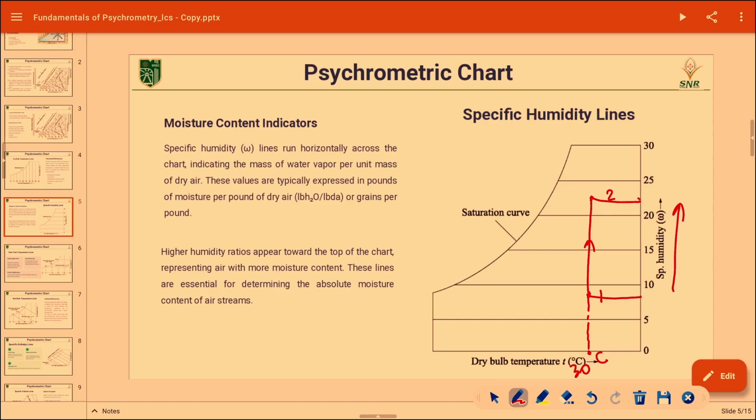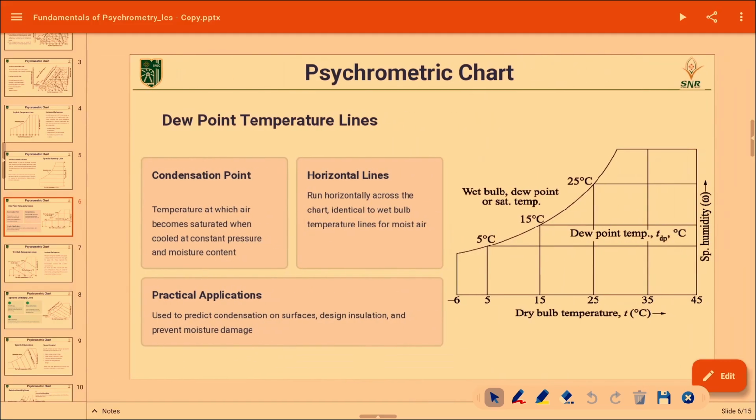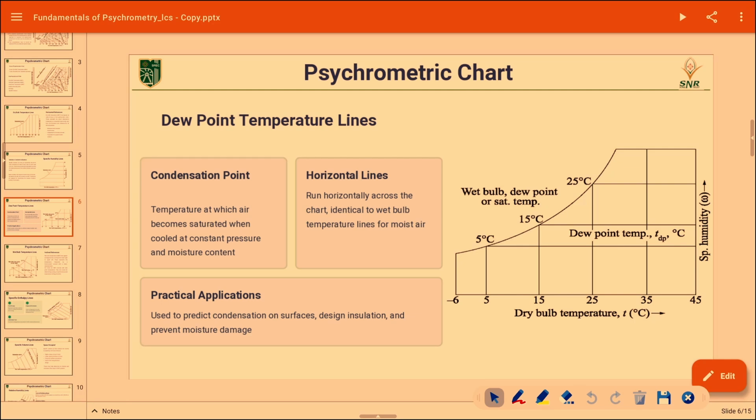This is the measure of the exact moisture content present in the air. If its value increases, then I can say the moisture content increased. If the value of specific humidity decreases, then I can say the moisture content has decreased. And next is the dew point temperature line. For the dew point temperature line, we need to draw two lines.